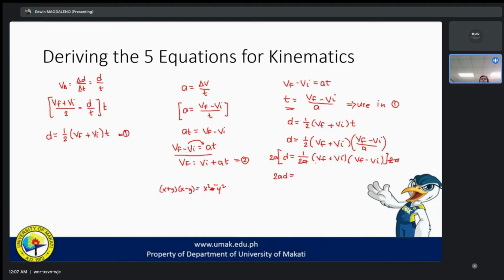So that means that we just need to get one velocity, square it, and then subtract the square of the other velocity. So if this is x, this is y. Vf squared minus Vi squared.